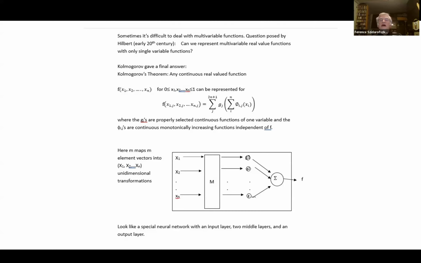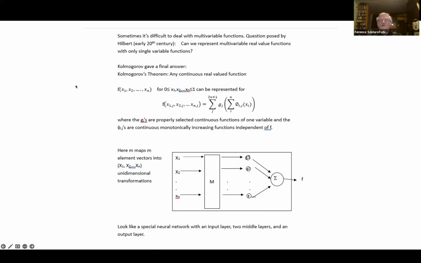It has 2n plus 1 nodes in the hidden layer. So here you make these function values, you add them up, you plug it into the G function, and this will be one term in this summation. You do the same thing for G2 and so on, and you add them up, and this is your function, this is your output.